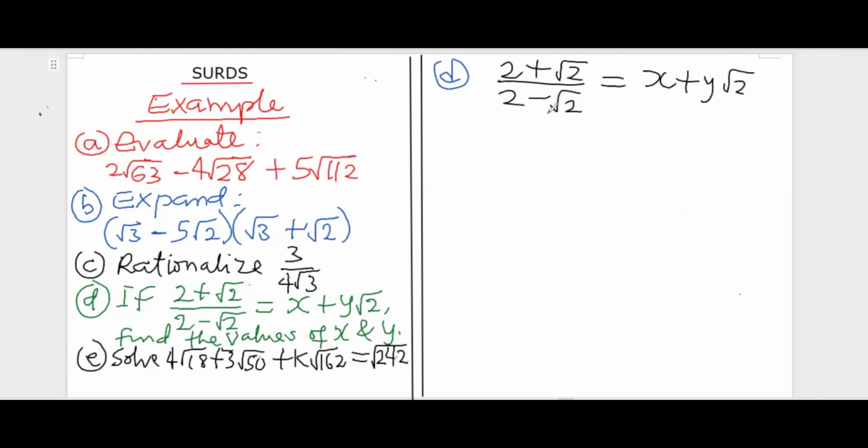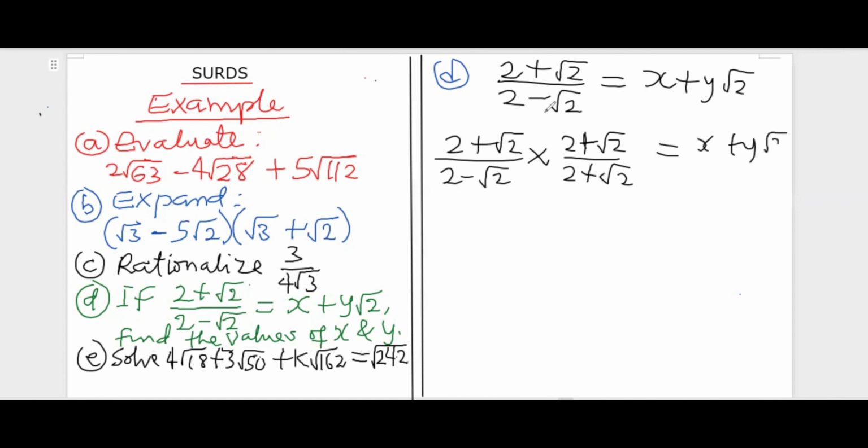So we say 2 plus root 2 over 2 minus root 2. We can multiply this by 1, and that one will now mean the conjugate of the denominator, which is 2 plus root 2 over 2 plus root 2. So we have it as x plus y root 2 eventually.